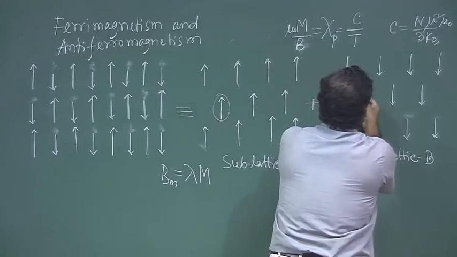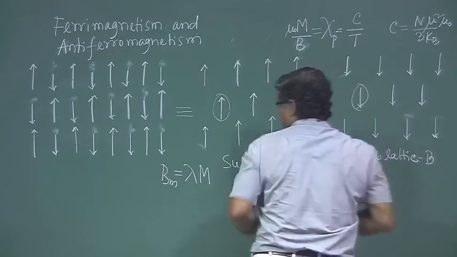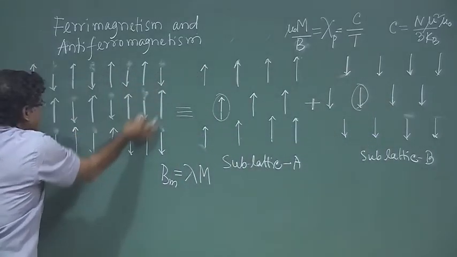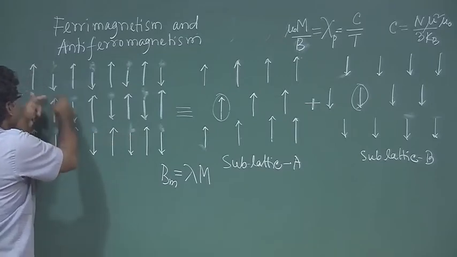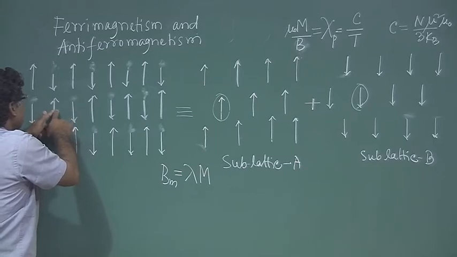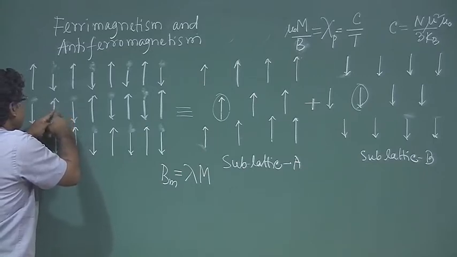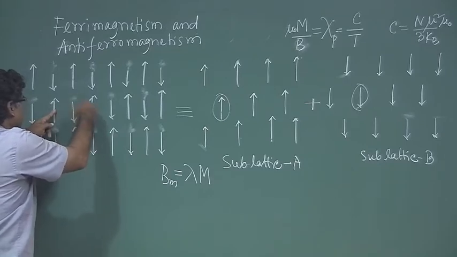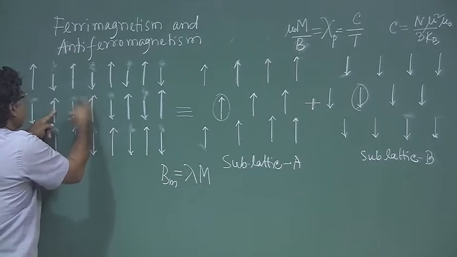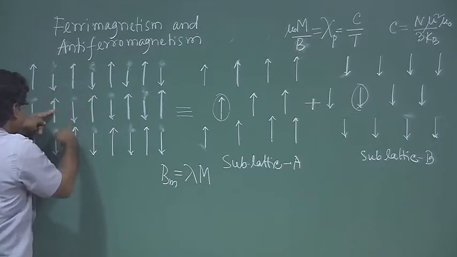So, in this lattice, any spin, either up or down, will have exchange interaction with the antiparallel ones as well as with the parallel ones.